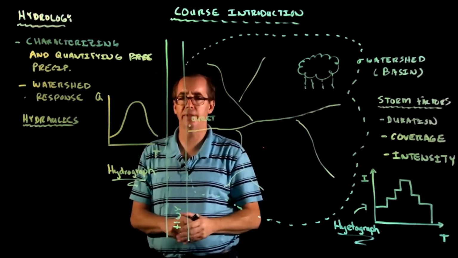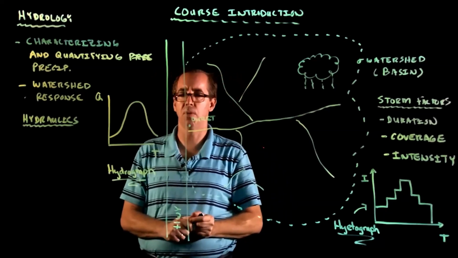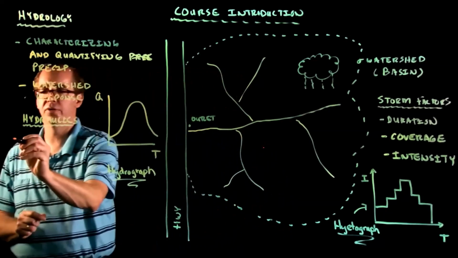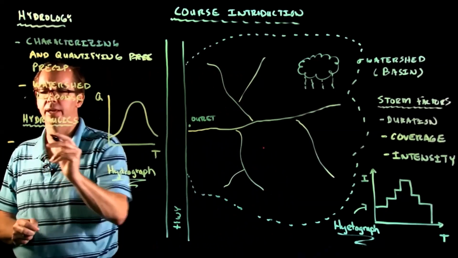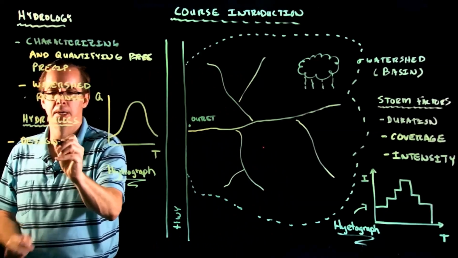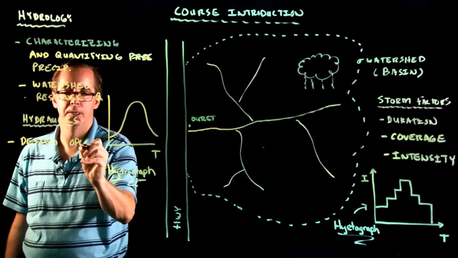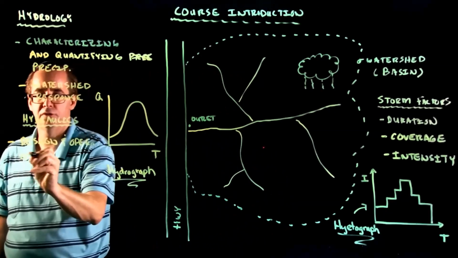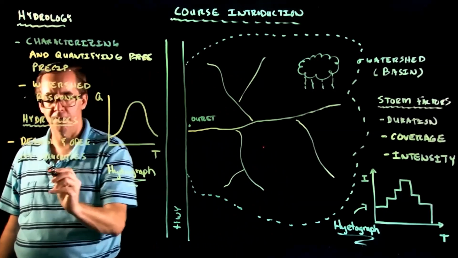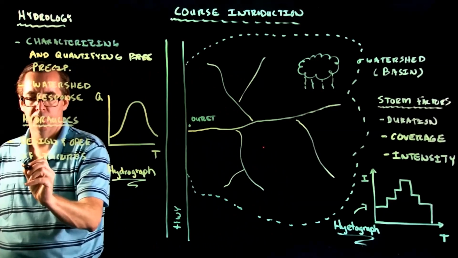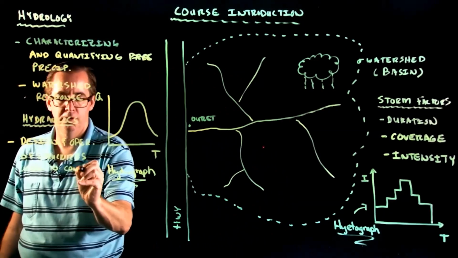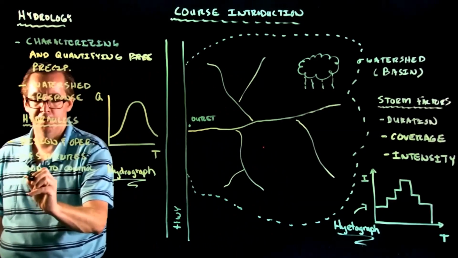Now let's talk a little bit about the hydraulics component of this course. The main part of the course in hydraulics is the design and operation of structures used to control runoff.